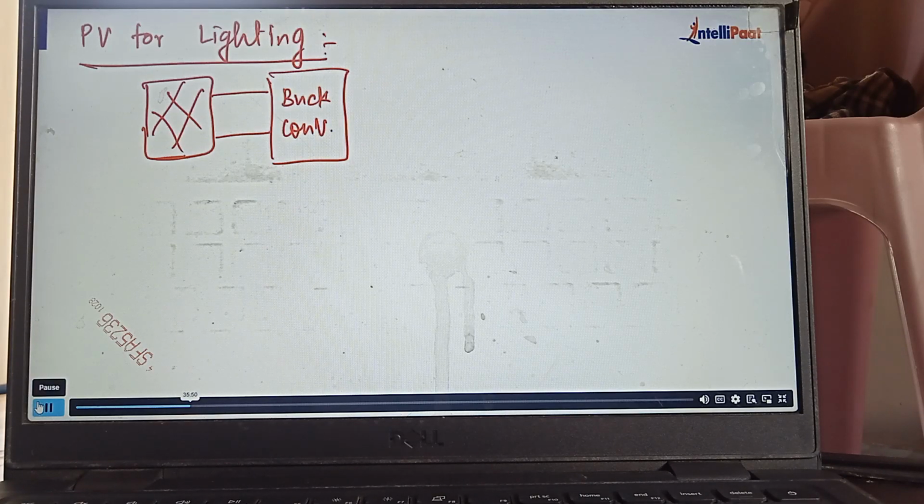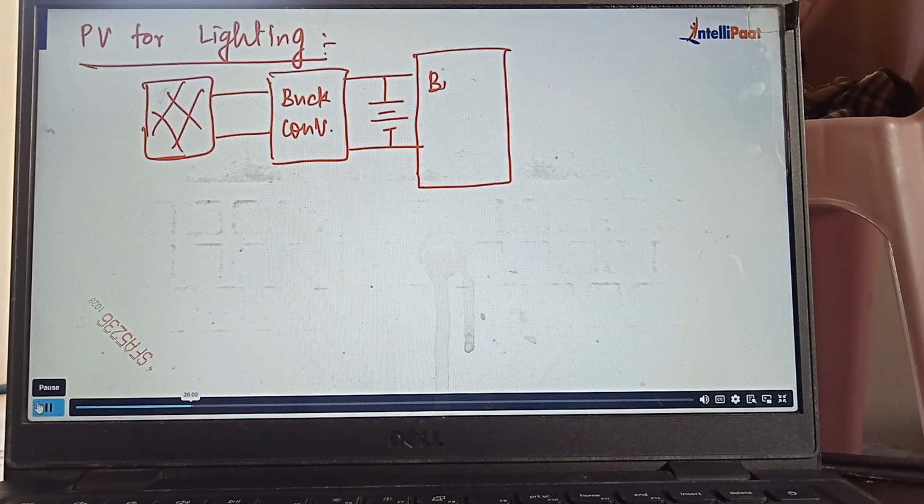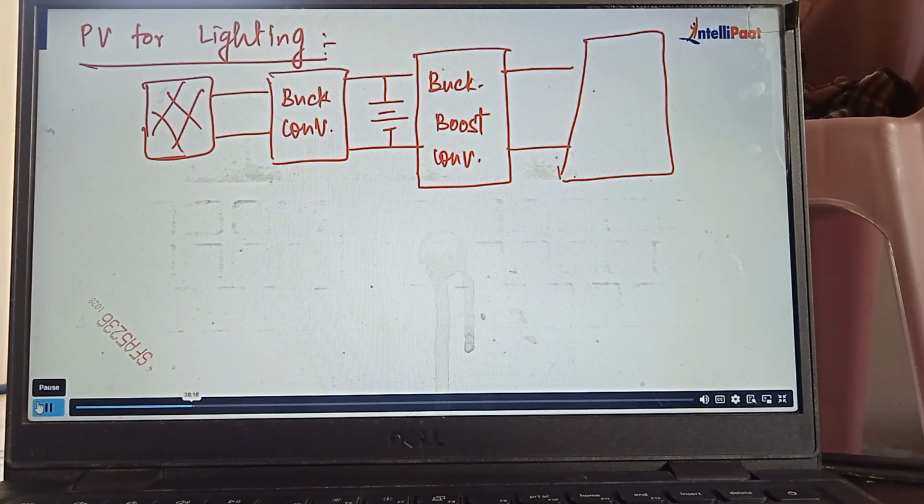I hope you are aware of the buck converter, right? And then we have the battery. And then we can use a buck-boost converter. And then we have some LED array over here.